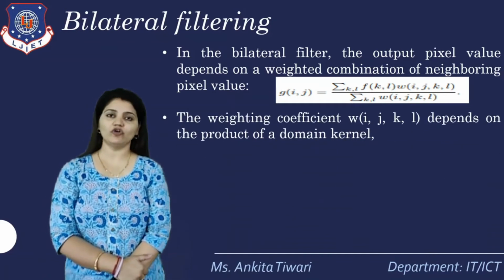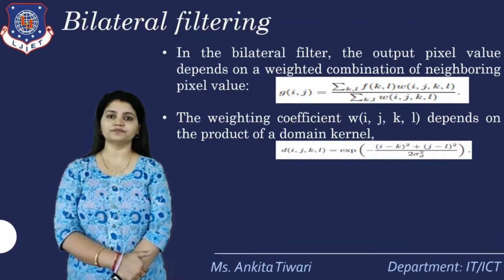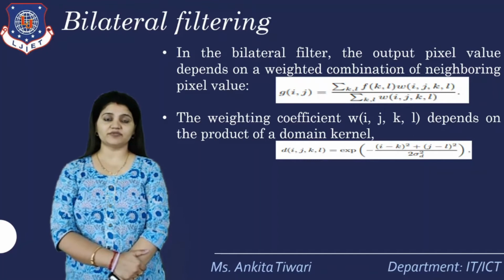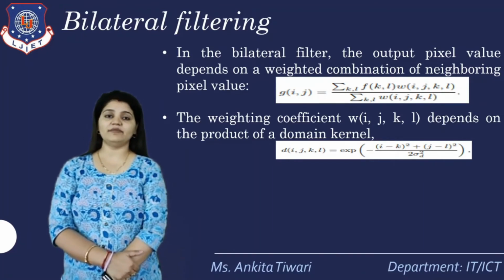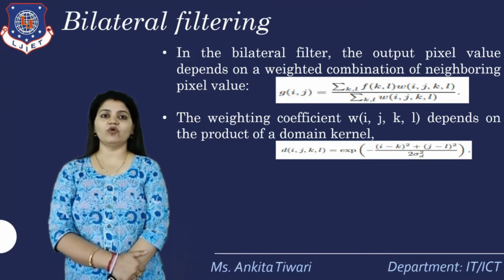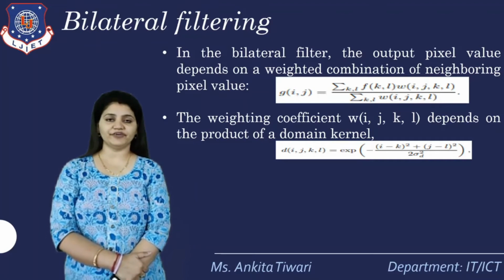Okay, so the weighting coefficient W(i,j,k,l) depends on the product of a domain kernel. So we can say d(i,j,k,l) is equal to exp of minus ((i minus k) whole squared plus (j minus l) whole squared), which is divided by 2 sigma_d squared.